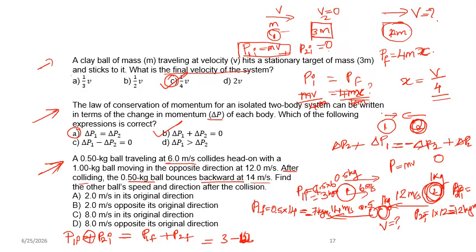So 3 minus 12 must be equal to P1F, which is minus 7, plus P2F. P2F we do not know. How do you calculate P2F?